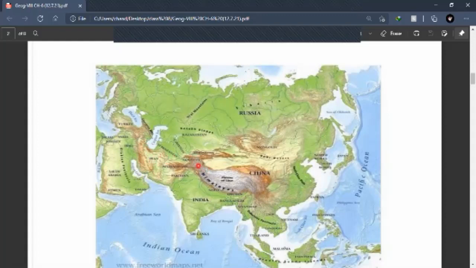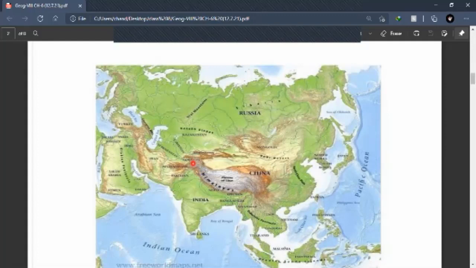Next is the Karakoram range. The mountain range that runs north of Himalaya is called Karakoram. Mount Godwin Austen, K2, the second highest peak of the world, lies here. Ladakh Plateau lies between the Karakoram and Himalayas, in between.